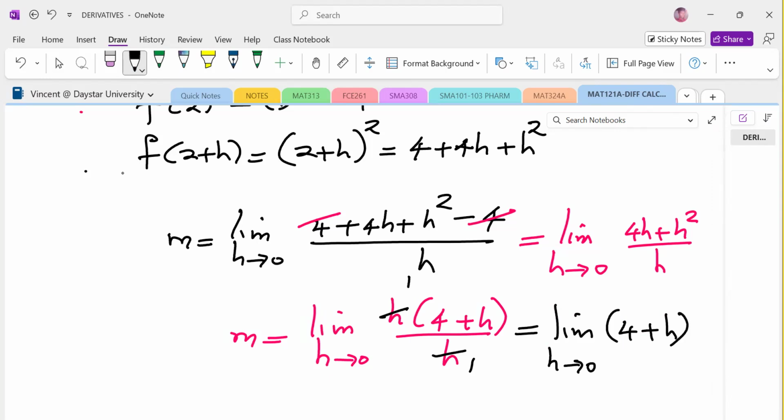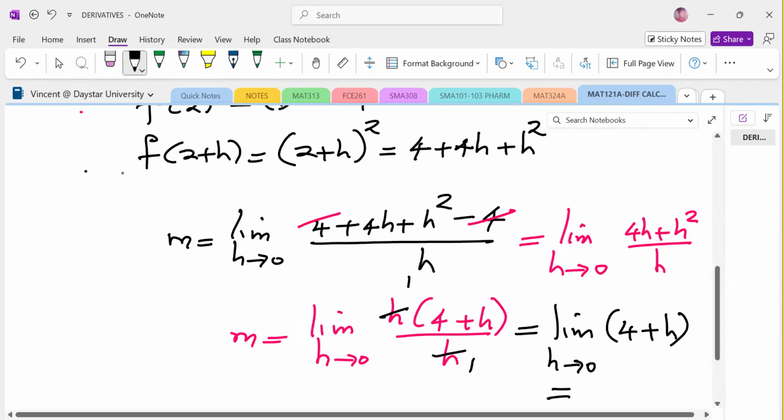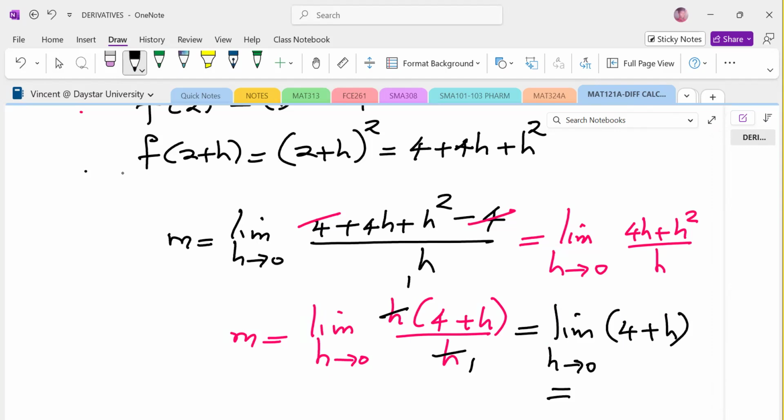And then what will be the value of this limit?